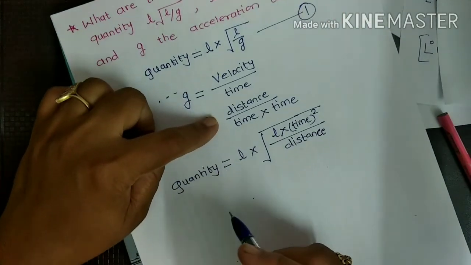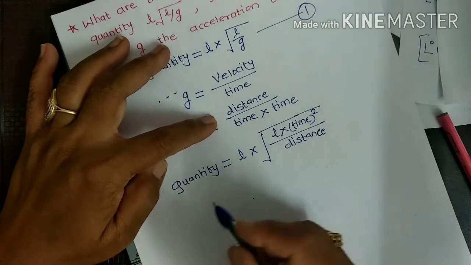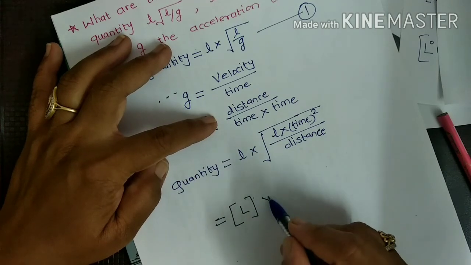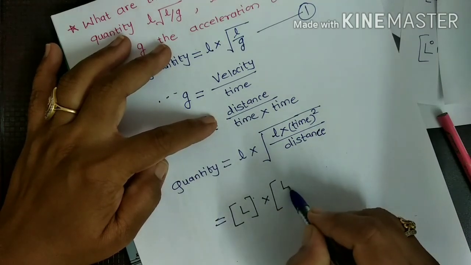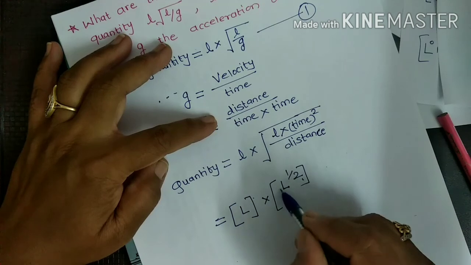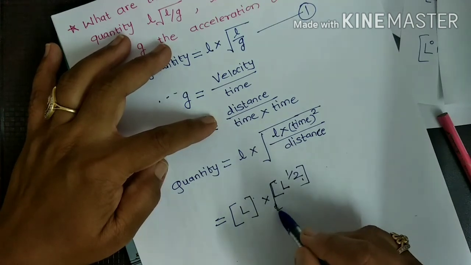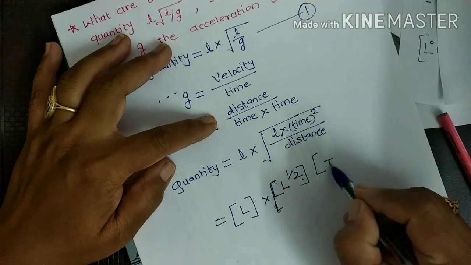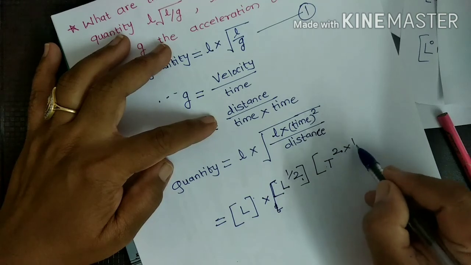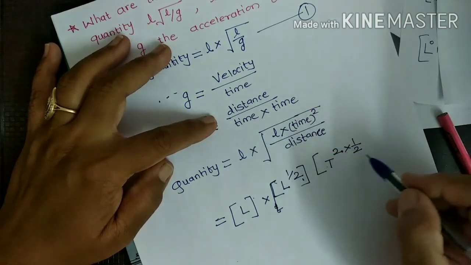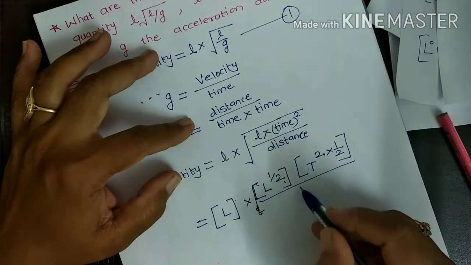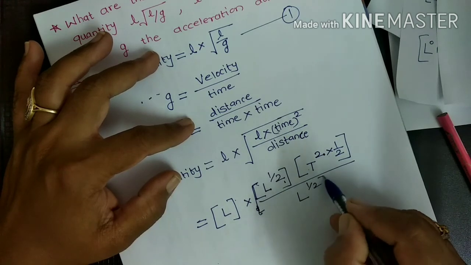So the dimensional formula of the quantity is, for L, L into L raised to the power 1/2, then T raised to the power 2 into 1/2, because the term is in square root, upon distance, that is also L raised to the power 1/2.